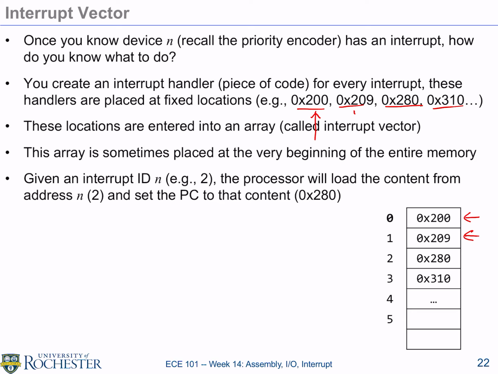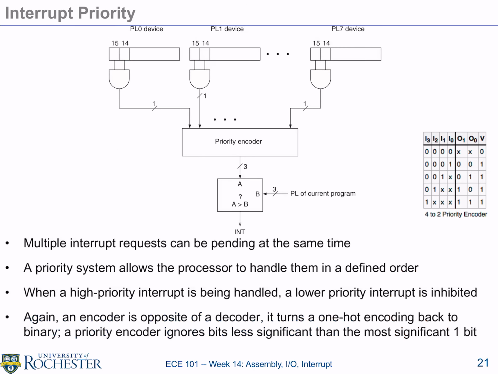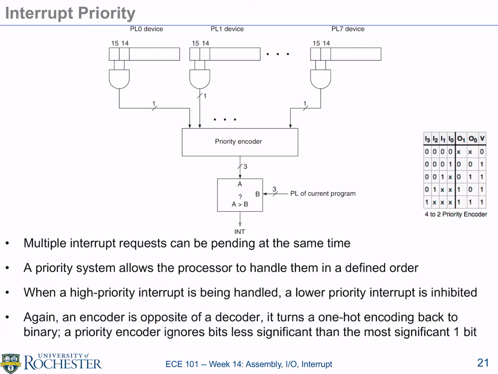So now I have a table. This is a vector because each one points to the handler address of one specific interrupt ID.